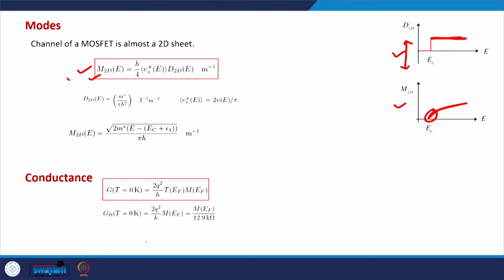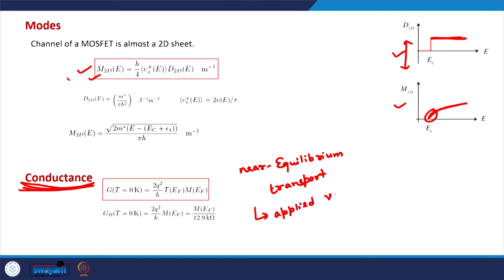Once we have this idea of modes, we can calculate the conductance of the channel, the conductance of the device, as well. And if you recall our discussion, the conductance expression can very cleanly be calculated for near equilibrium transport, which means that the applied voltage is not so high.